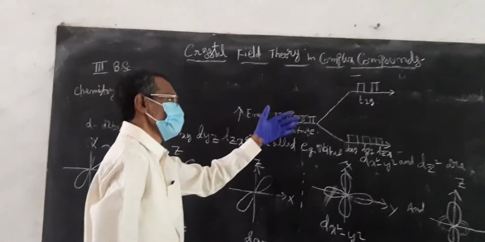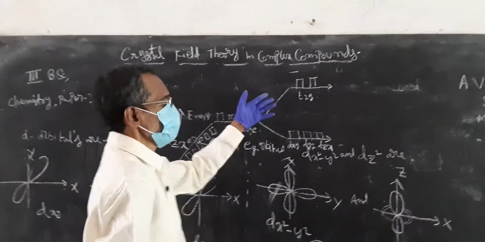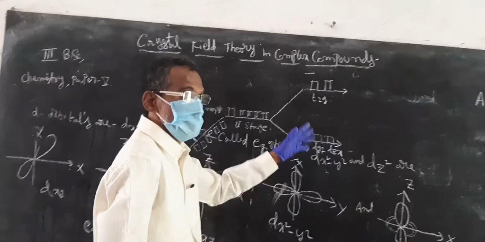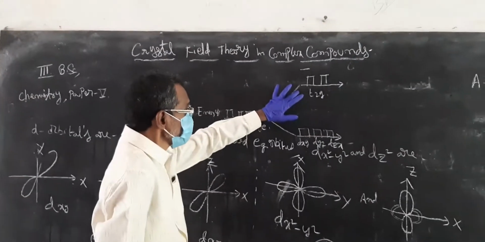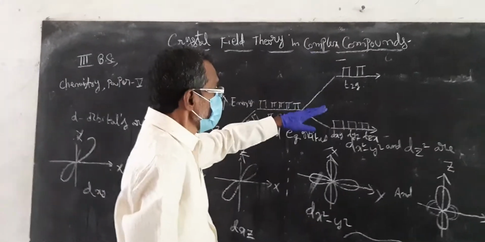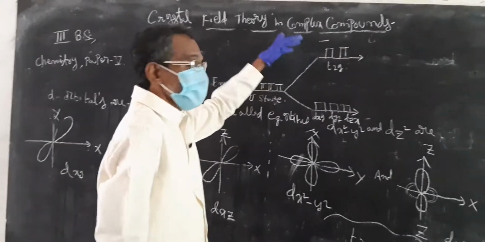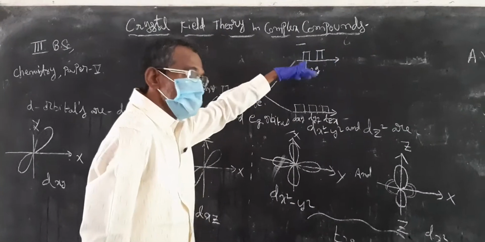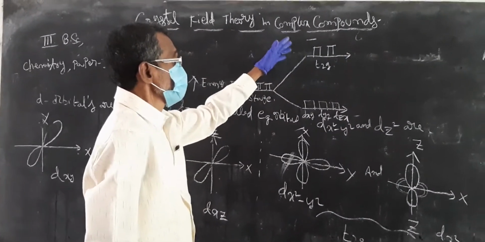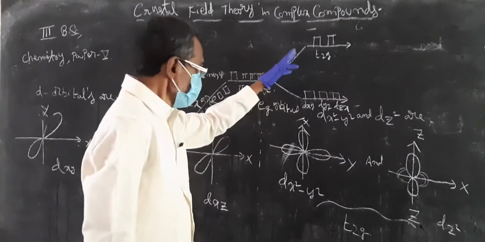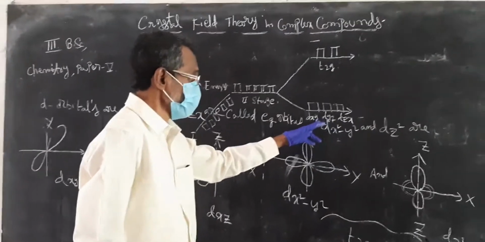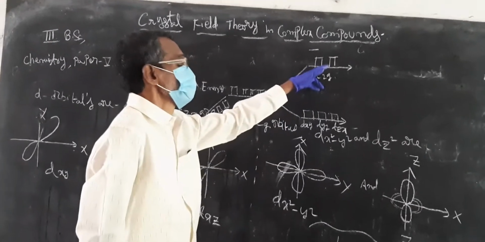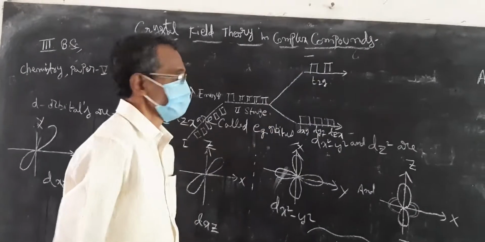So these are known as unstable orbitals, because their energy is high. They are very unstable compared to the Eg orbitals. So Eg orbitals are more stable and T2g are less stable.